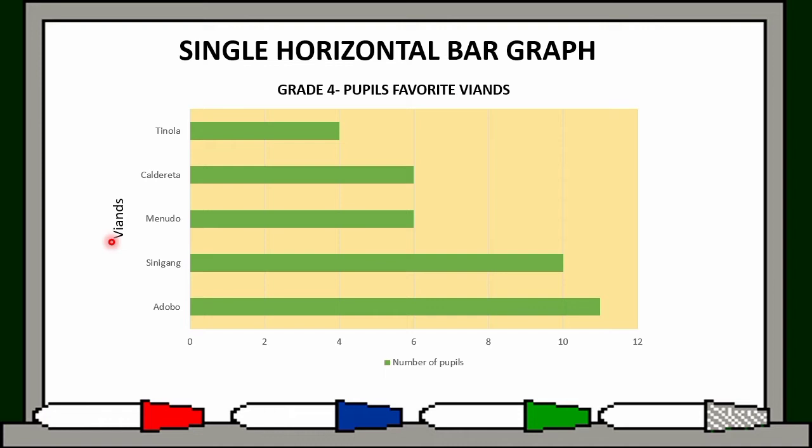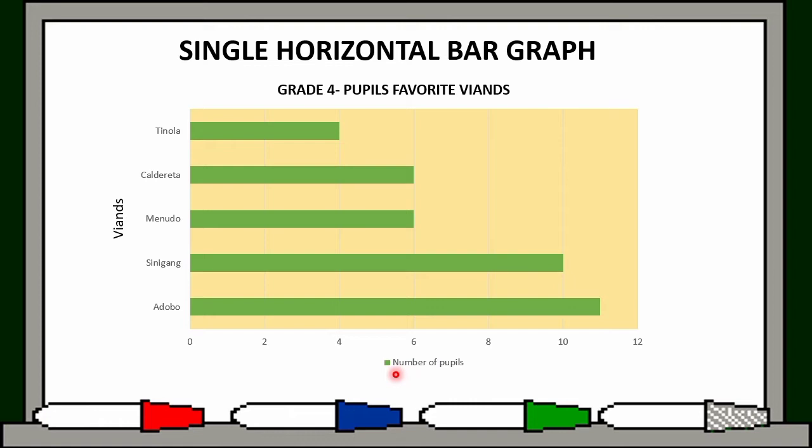Okay? So, dun sa example natin, yung least favorite, yung tinola, 4 pupils yung bumoto. So, tignan mo yung 4, itapat mo siya, and then tapat mo kay tinola. So, kukulayan mo to or gagawa ka ng bar graph mula dito hanggang dito kay 4. Okay? And then, shade mo siya. So, kahit anong shade yung gusto mong gamitin, pwede naman.